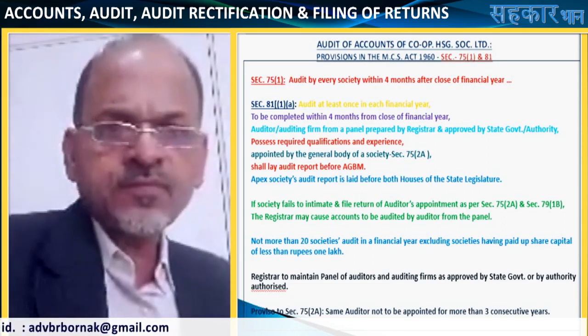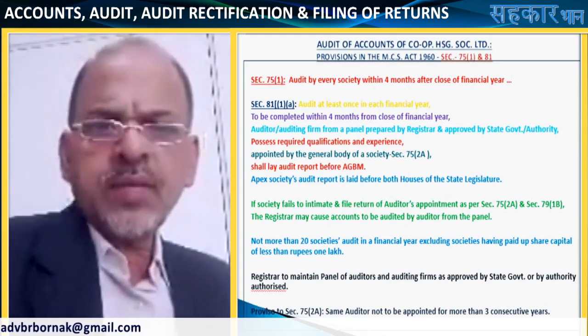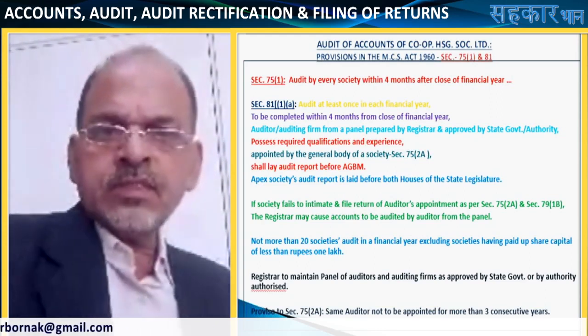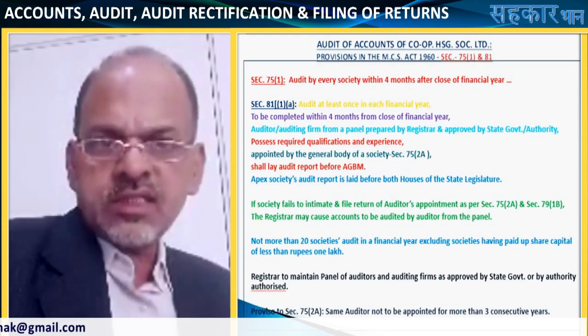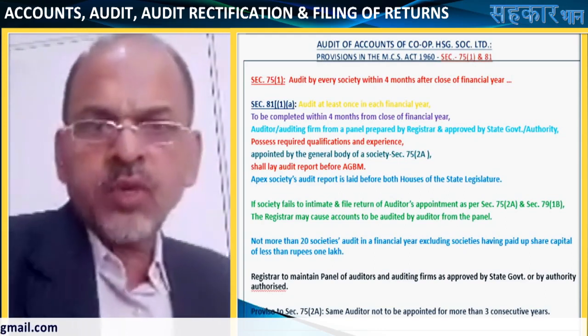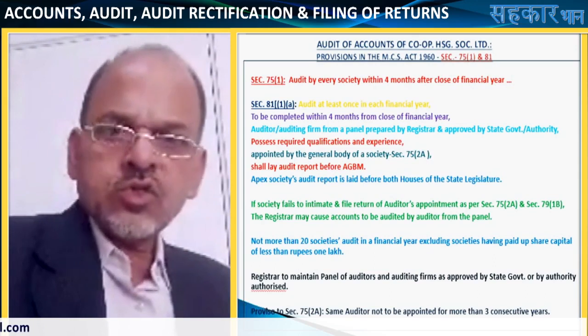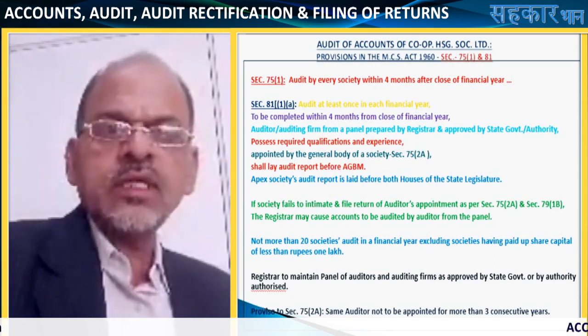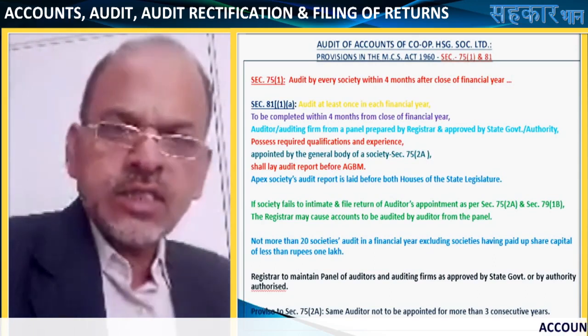Now online facilities are available, means you will have to get your society registered online on the portal of the registrar, and once your society is registered online on the portal of the registrar, then all these reports, annual reports, you can submit online also.